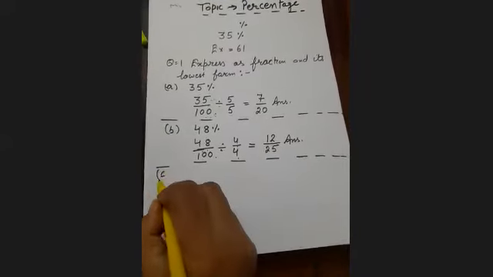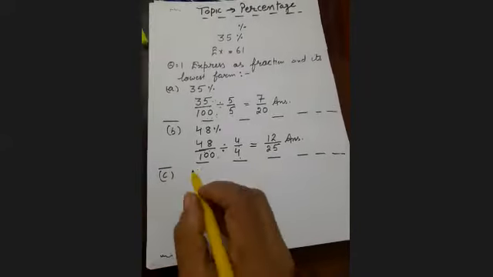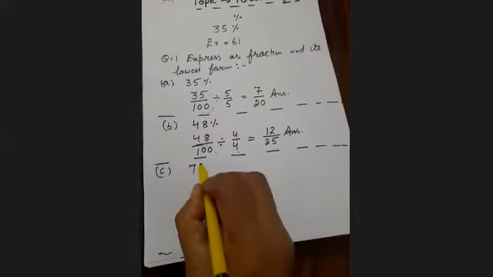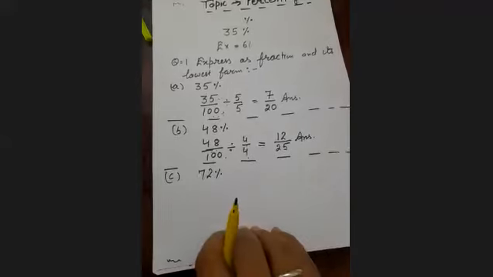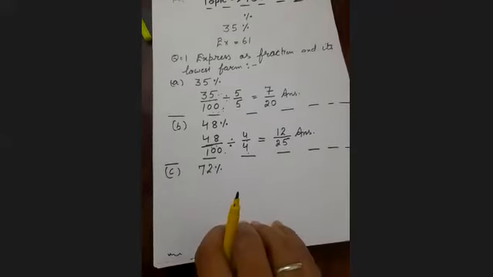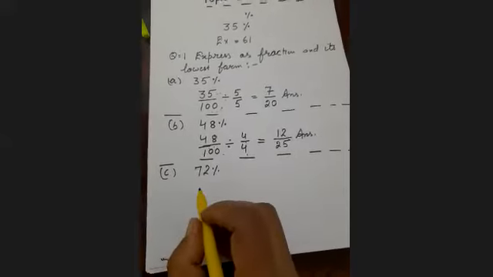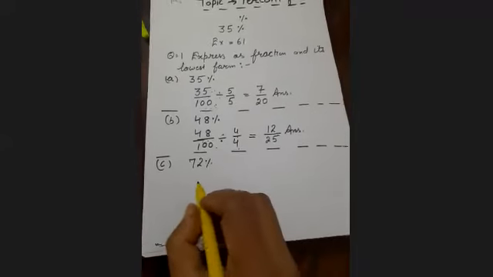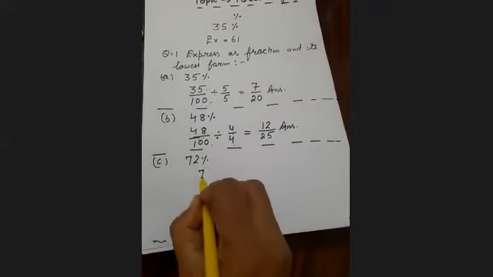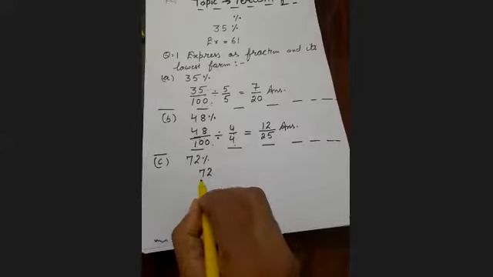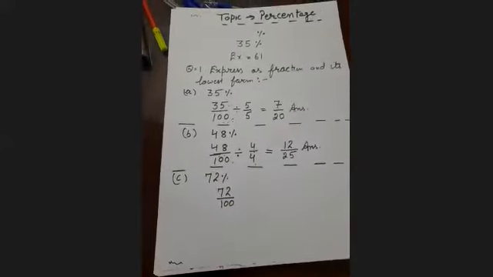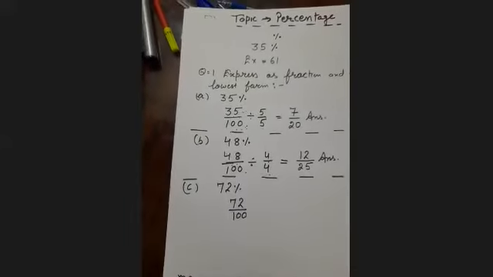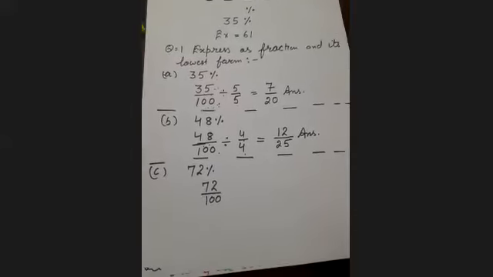Part C is 72%. Now, first we'll convert this number into a fraction. 72 upon 100.